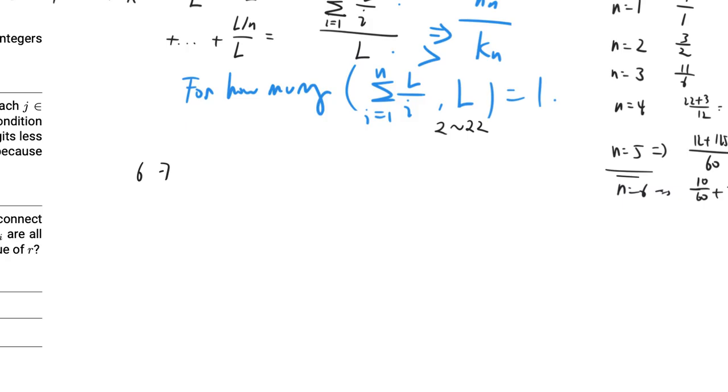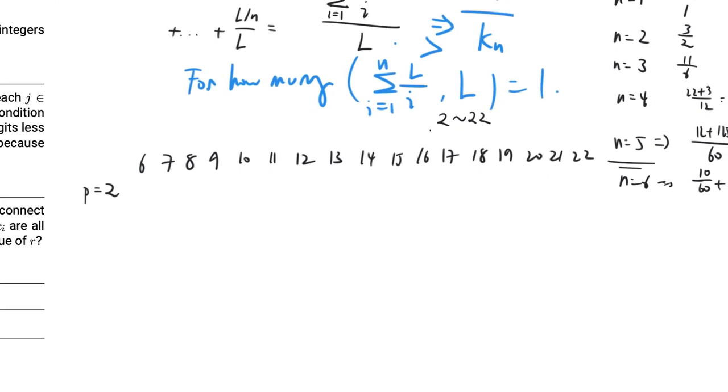So 6, 7, 8, 9, 10, 11, 12, 13, 14, 15, 16, 17, 18, 19, 20, 21, 22. And we have p equals 2 here. So basically, for each of these primes, actually, let me list them all. P equals 3, 5, 7, 11, 13, 17, and 19.